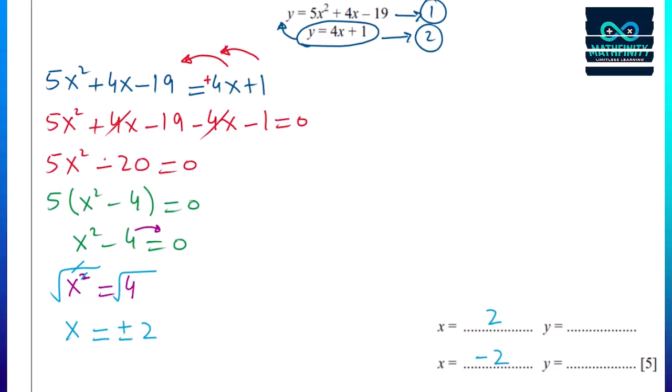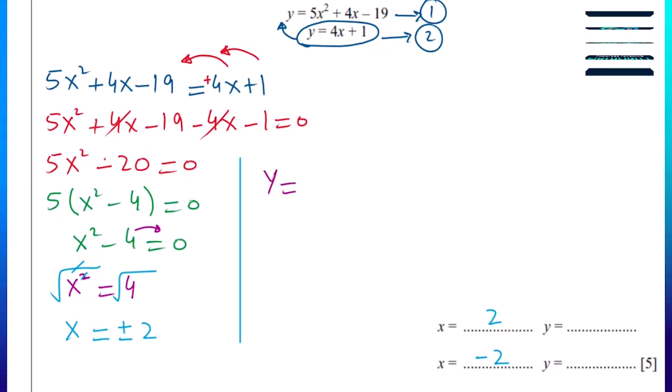Now these two values you have to substitute in equation number 2 to calculate the value of y. You can make column and substitute the values. Y is equal to 4, and in place of x we have to substitute first 2, plus 1.